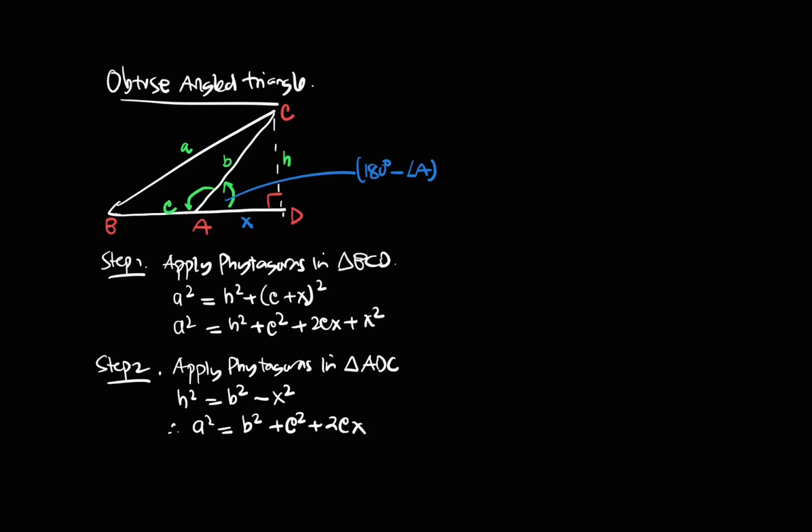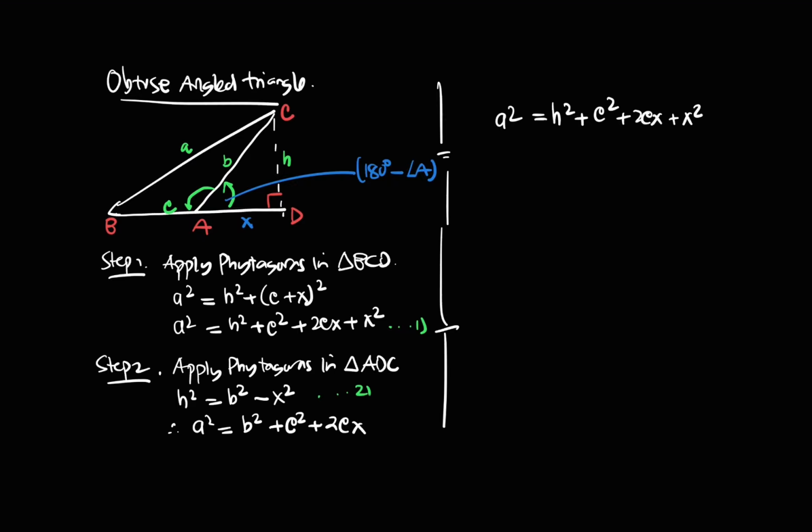How did we get that? Just imagine the same method as the previous one, that a squared equals h squared plus c squared plus 2cx plus x squared. These two equations we label as 1 and 2.